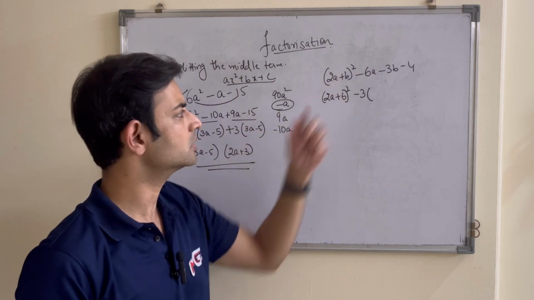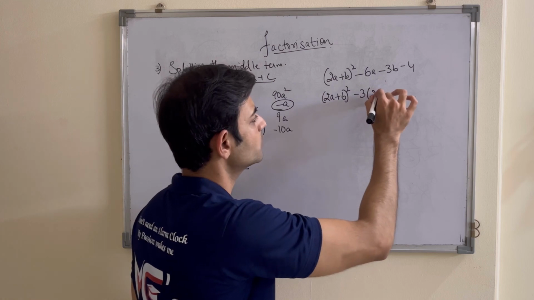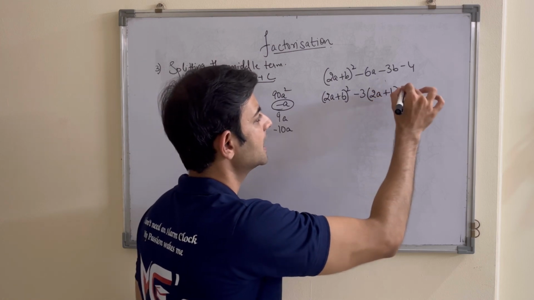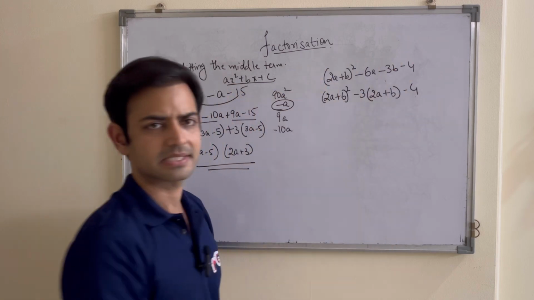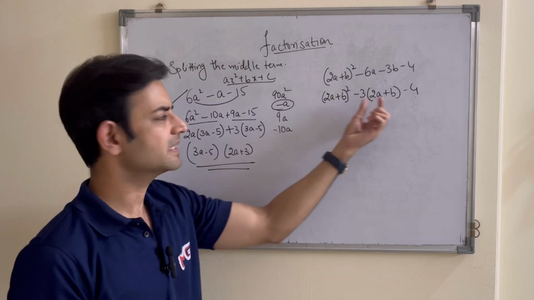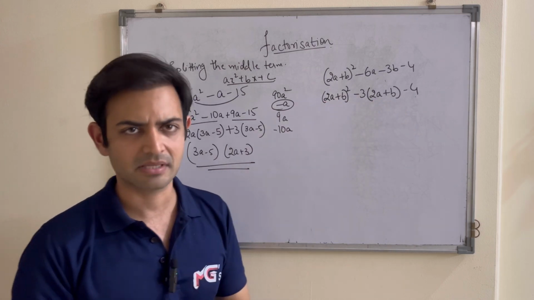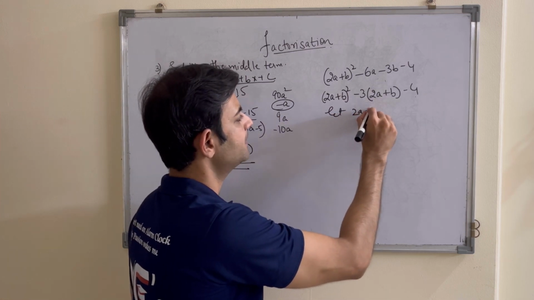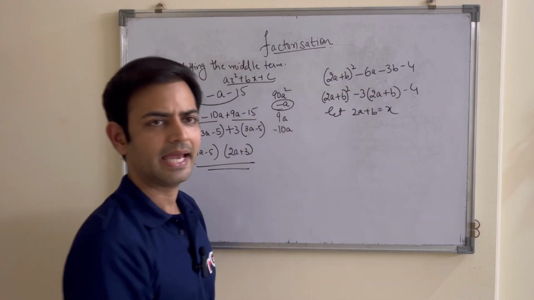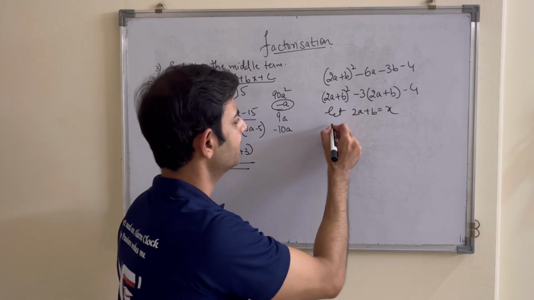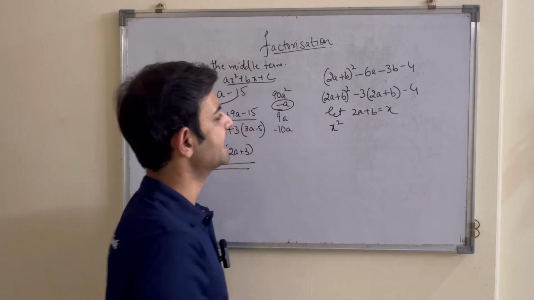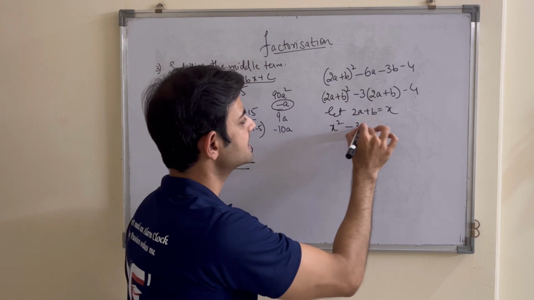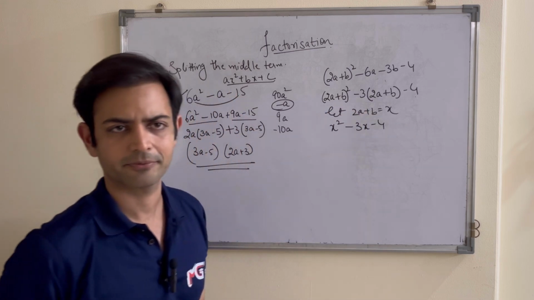So for these two terms, I am again left with 2a plus b minus 4 as it is. Now I have 2a plus b, I have 2a plus b. We can assume them to be some variable. So let 2a plus b be equal to x. So now my polynomial becomes x squared minus 3x minus 4.